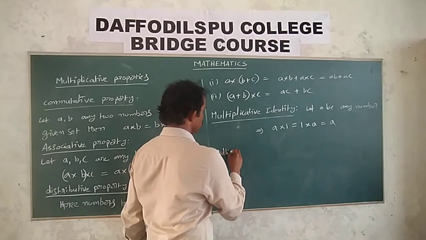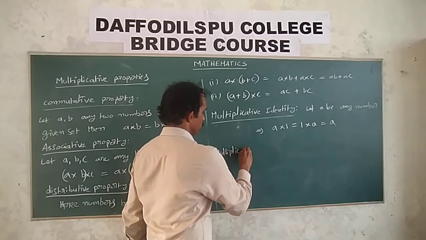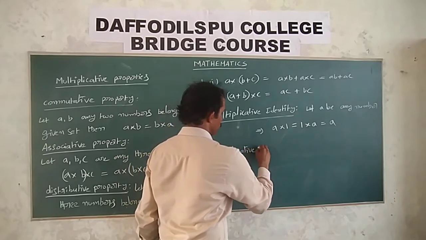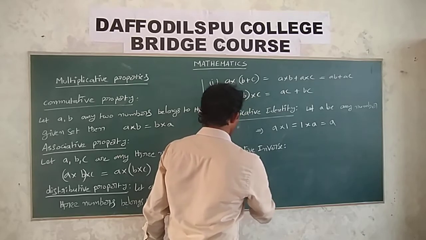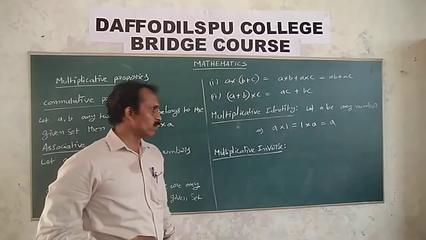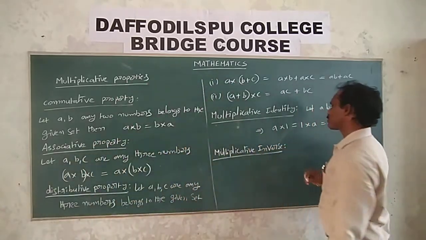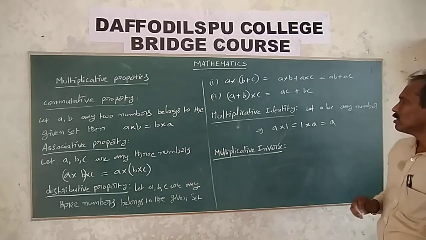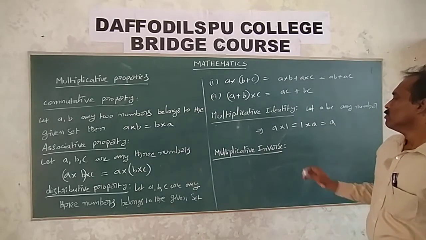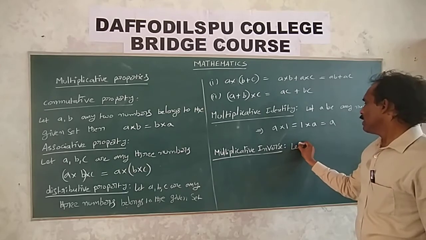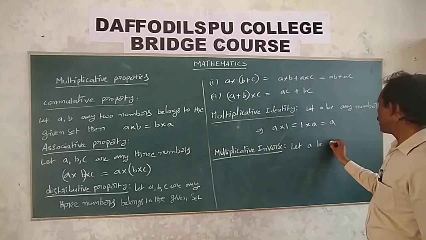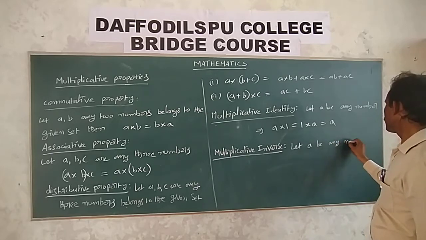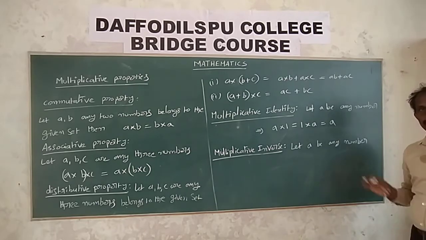Multiplicative inverse. We'll check with examples. Let a be any number that belongs to the given set.